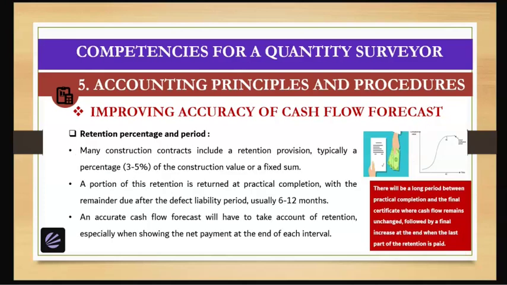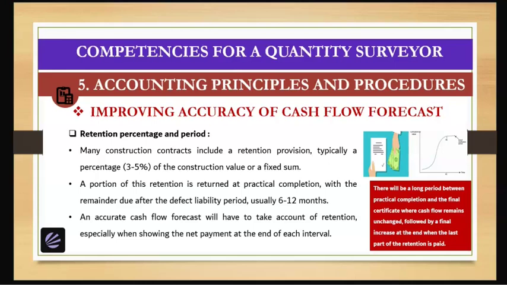Next step is about retention percentage and period. So many construction contracts, as you know, include a retention provision, typically a percentage of 3 to 5% of the construction value or a fixed sum. A portion of this retention is returned at practical completion, with the remainder due after the defect liability period, usually 6 to 12 months.